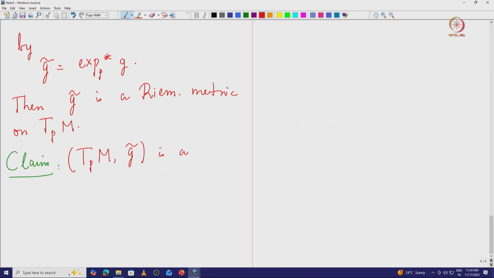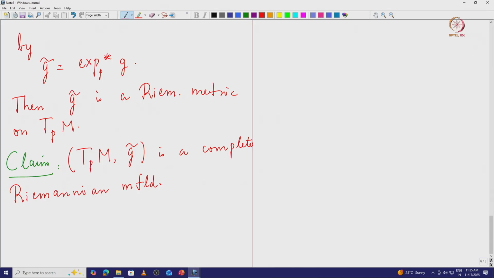So, you are basically putting this new Riemannian metric on Rn and you are claiming that that's a complete metric space, that's a complete Riemannian manifold. Before I prove the claim, this basically finishes the proof of Cartan-Hadamard.